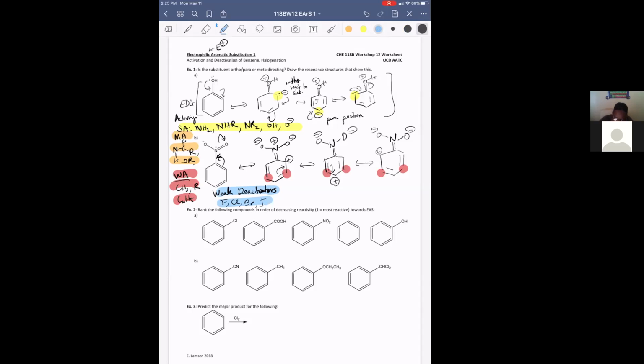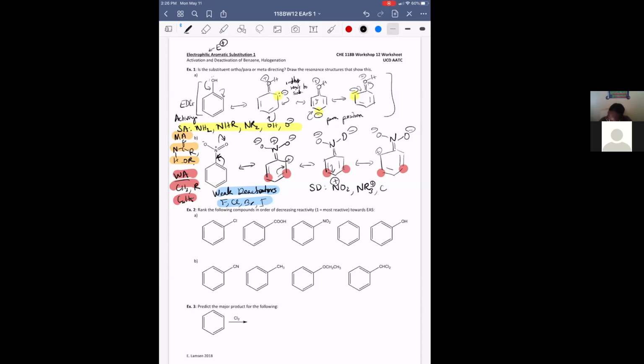For our meta-directors, right? So if we're looking at B now, and we're looking at our meta-directors, then we want our deactivating groups. So we can have moderate or strong deactivating groups. And if we think of our strong deactivators, then that list includes NO2, right? We can have NR3+, our ammonium species.